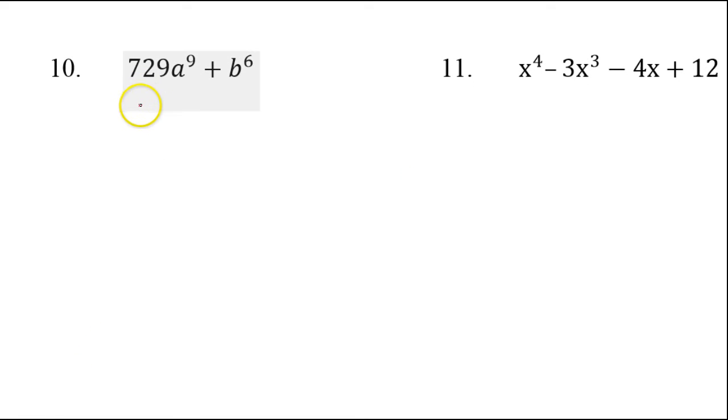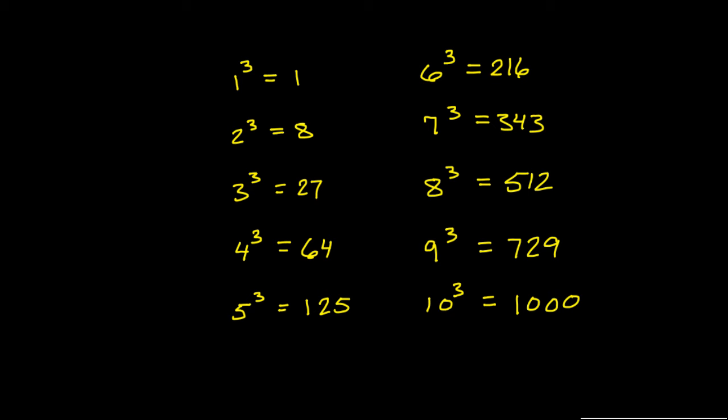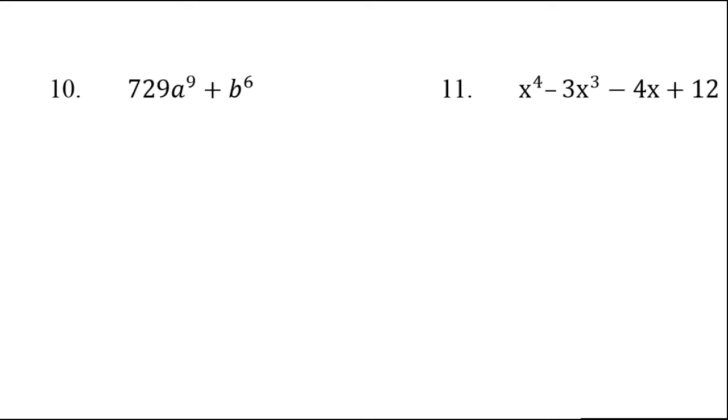All right, number 10 is also going to be the sum of two cubes. Obviously, 729 is a perfect cube. The cube root is 9. But a to the 9th power and b to the 6th power are also cubes because they are multiples of 3.